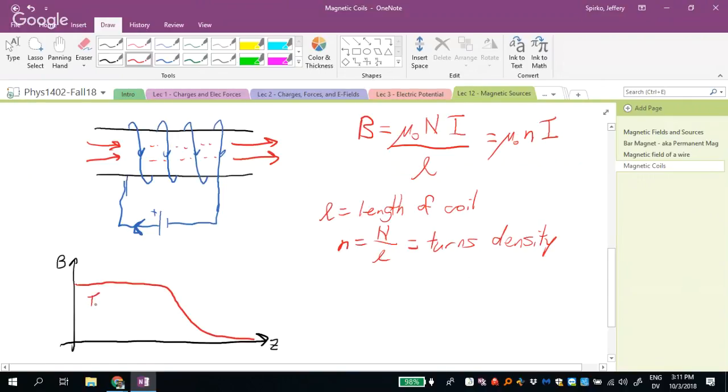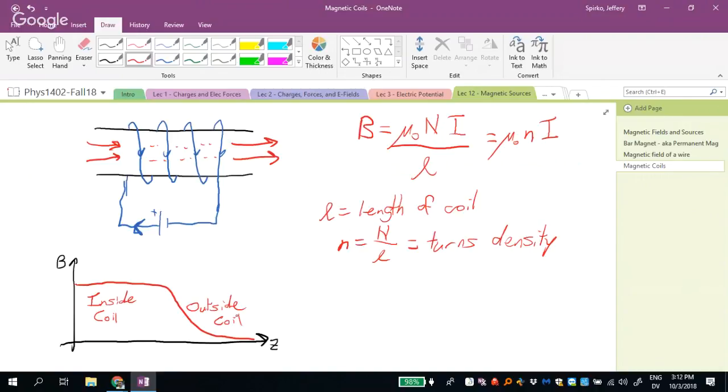This is inside the coil, and this is outside the coil. So basically, the magnetic field inside the coil is fairly uniform, fairly same strength. And once you get outside the coil, it drops down almost to zero pretty quickly. Hopefully your graph from the last part of the lab looks like that. Actually, it's the second to the last part of the lab.